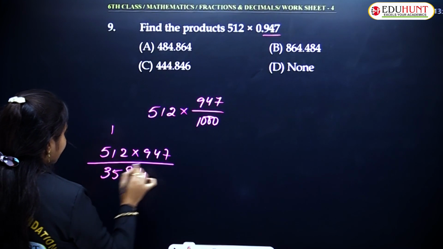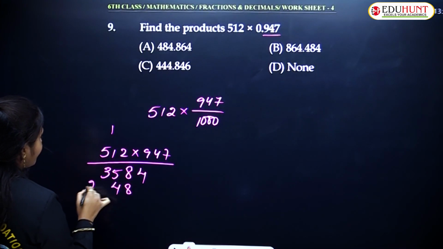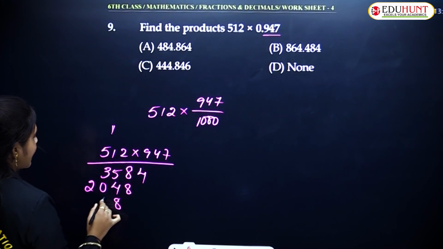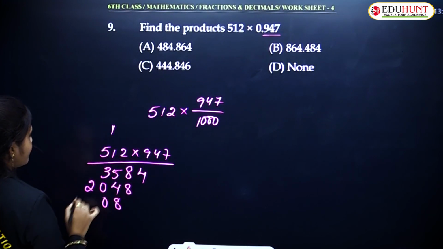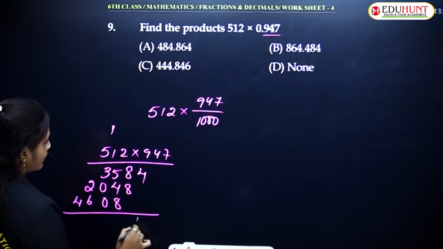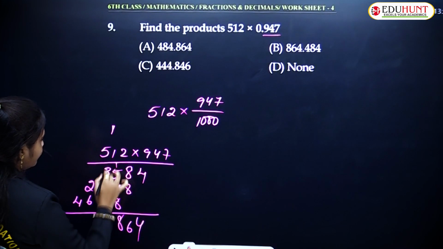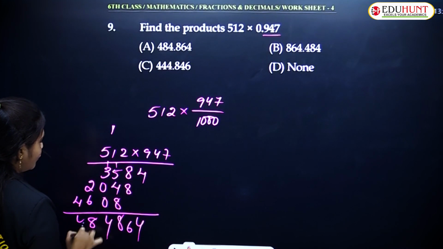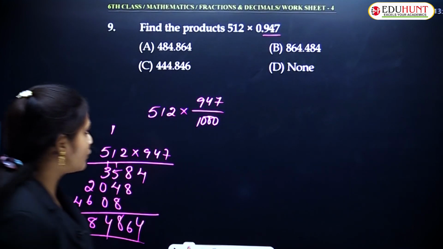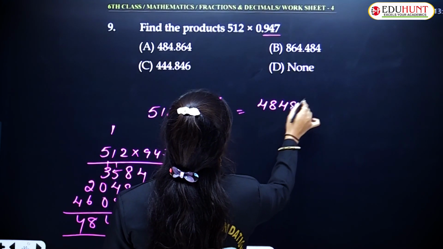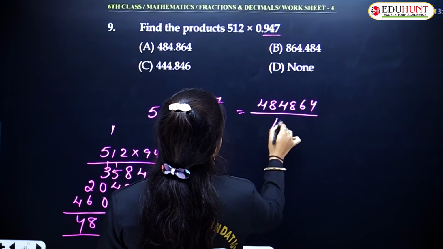Next, 4 2's are 8, 4 1's are 4, 4 5's are 20. 9 2's are 18, 9 1's are 9 plus 1, 10, 9 5's are 45 plus 1, 46. 484864 by 1000.